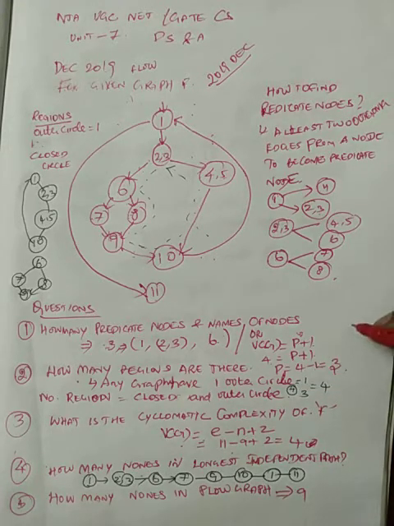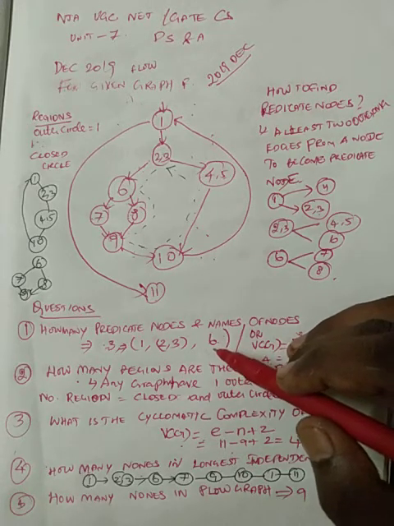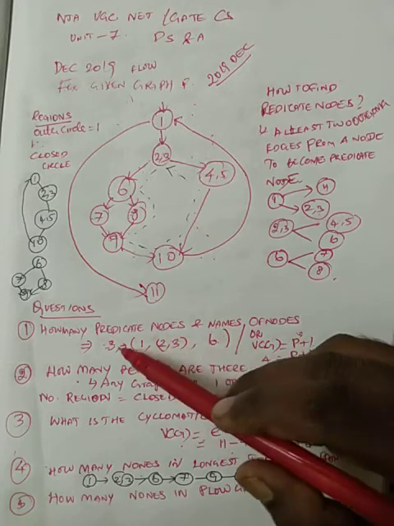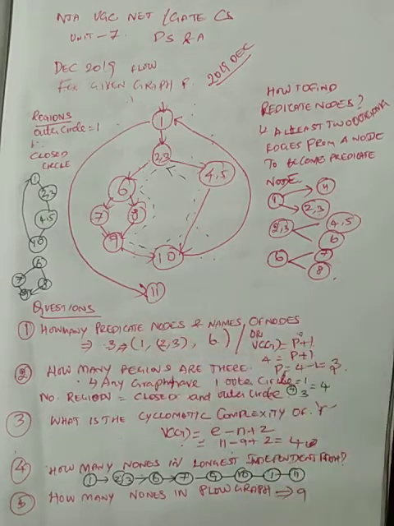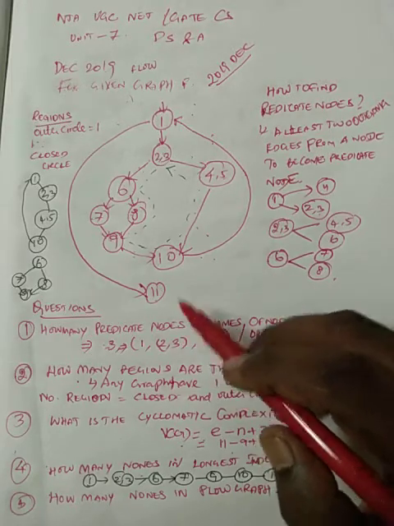They are asking two answers: the number of predicate nodes, which is 3, and now what the predicate nodes are.